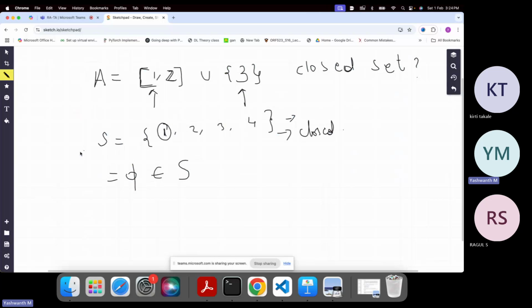So the set of limit points of S is the empty set, and the empty set is contained in S. So that's why it's a closed set. It's clear why the discrete points are closed.